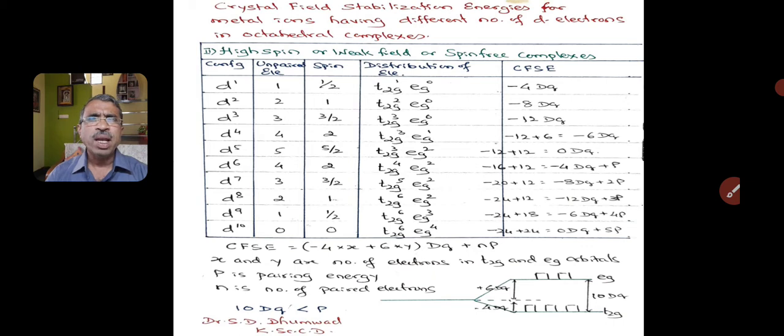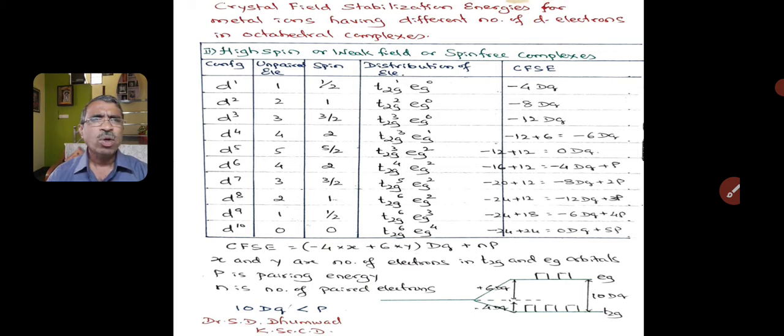In both low spin and high spin complexes, D1, D2 and D3 systems have -4, -8 and -12 dq respectively. But in the D4 system, the number of unpaired electrons will be 4 and the electronic configuration becomes T2G3 EG1.